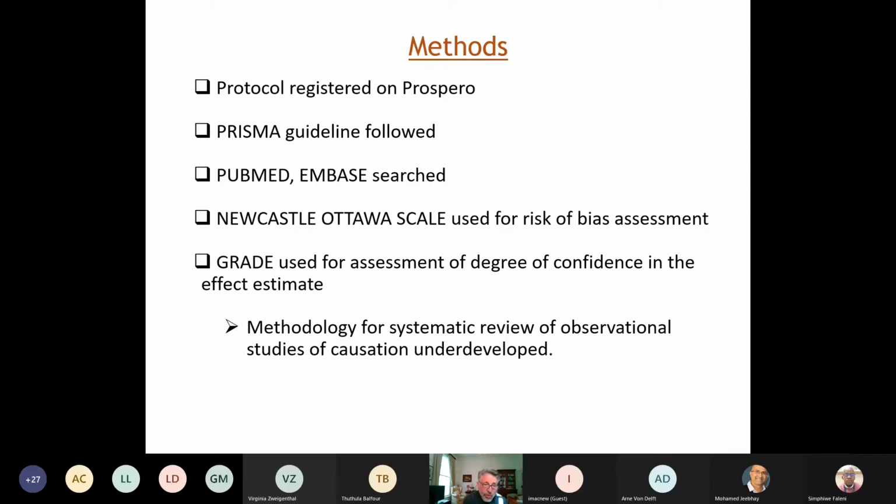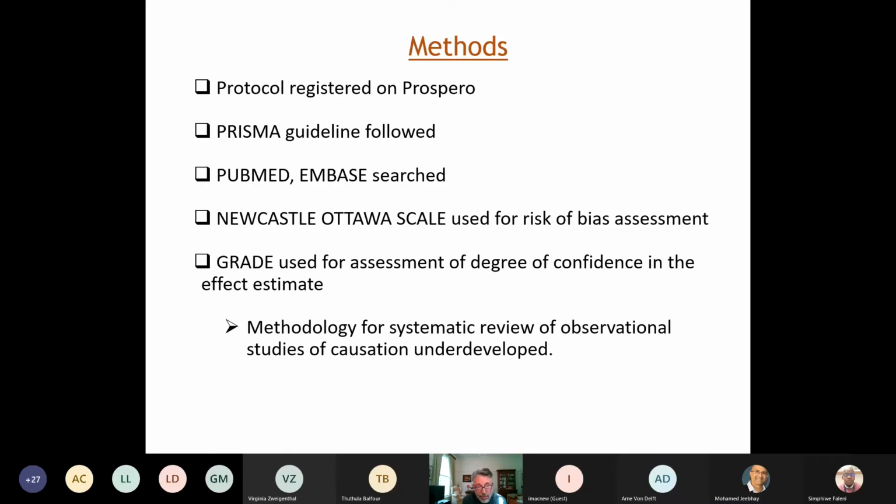We used the Newcastle-Ottawa scale for risk of bias assessment. This is a scale that is being developed, or in development, for the systematic review of observational studies of hazardous effect. And finally, we used GRADE for the assessment of our degree of confidence in the effect estimate.